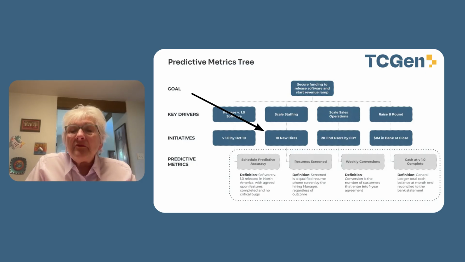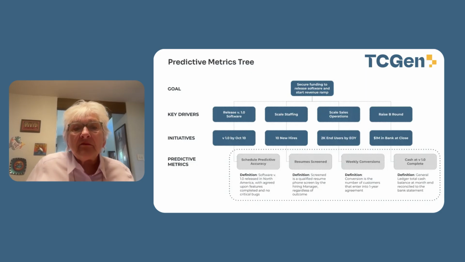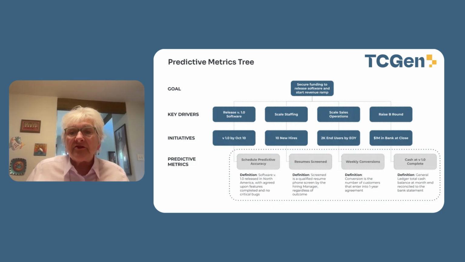And then the predictive metric is the number of resumes screened per week by the hiring manager. So a screened resume is a qualified resume that the hiring manager, not the recruiter, but the hiring manager screens X number of resumes a week in order to get to this outcome.